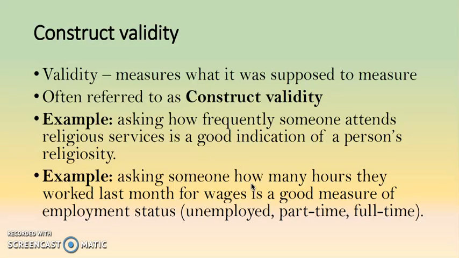We might think that asking somebody how frequently they attend religious services is a pretty good indication of how religious they are. I could also argue that asking someone how many hours they worked last month is a good measure of employment status. I have a good sense this measures what it was supposed to measure. This is logical, this makes sense.